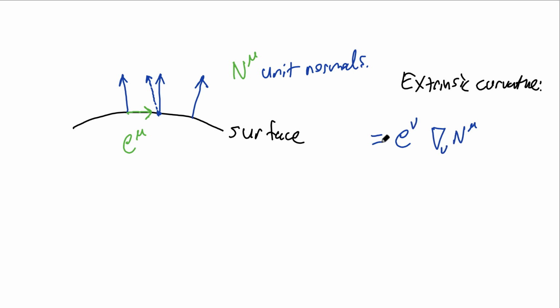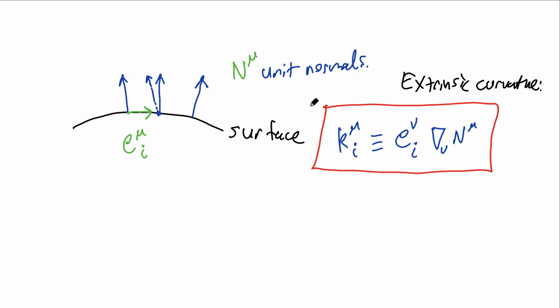So this is what we'll define as the extrinsic curvature, and it's a vector for each basis vector. So in general, if we have several basis vectors, say if the surface is three-dimensional, then we'll have three basis vectors. We'll label them with a subscript I. And then the extrinsic curvature will be a set of vectors, k mu sub I. And these extrinsic curvature vectors tell us how the surface is curved or bent within the embedding space for each one of the basis vector directions.